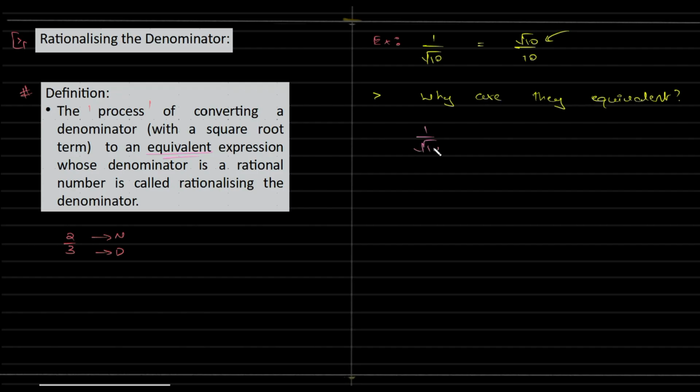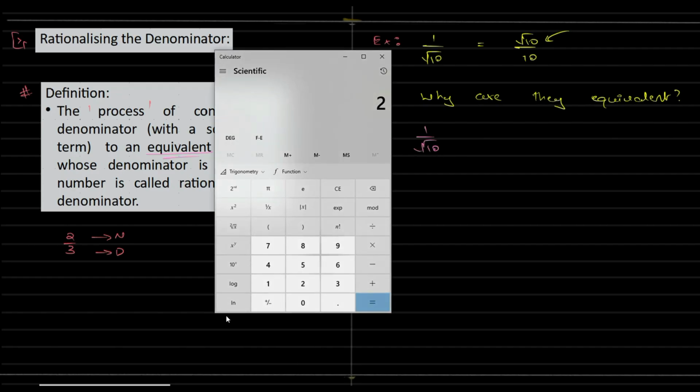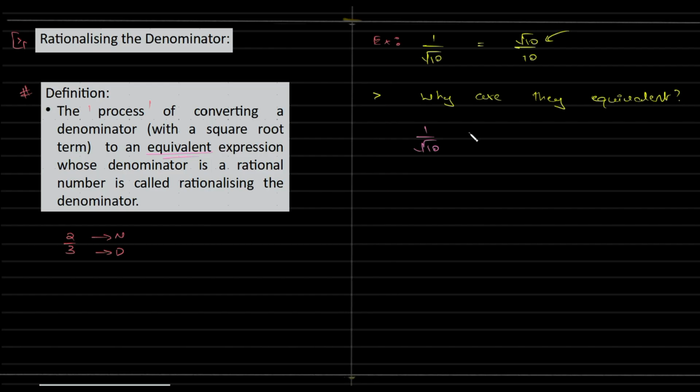Well, take 1 by root 10. 1 divided by root of 10 is approximately 0.3162. So let's take up root of 10 by 10.